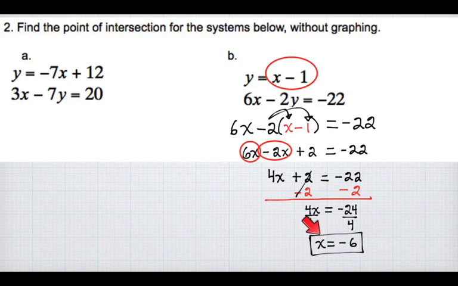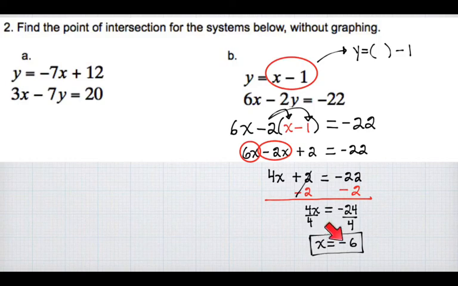So here we have the value of x, and that's exactly what I wanted, because remember that the point of intersection was at negative 6, negative 7. So I'm hoping now that by plugging in this negative 6 into x, I'm going to get the value of y. So let's try to do that. I'm going to take this equation, which becomes y equals x, but I'm going to use parentheses instead, minus 1.